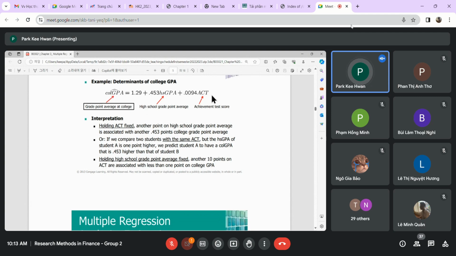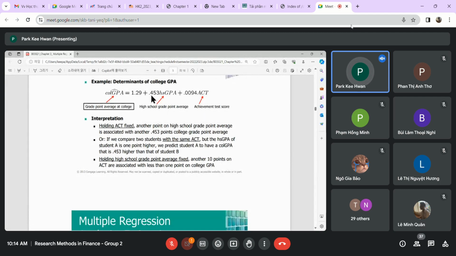So by having another variable, SAT, in your multiple regression model, we can explicitly hold this fixed when you estimate the high school GPA slope parameter.